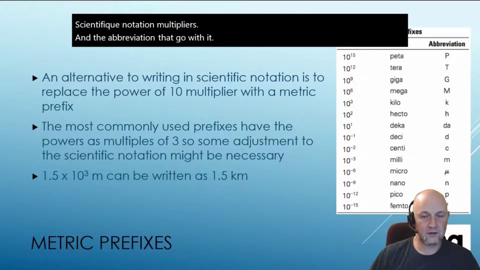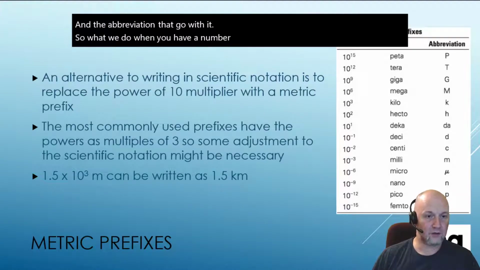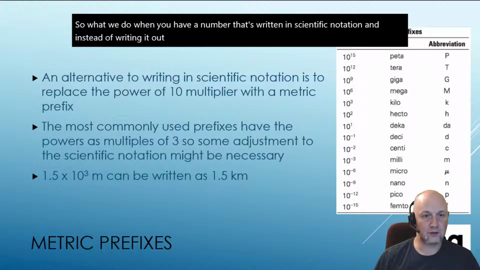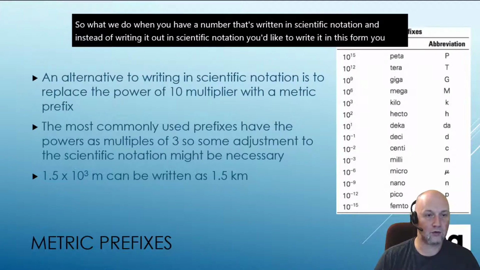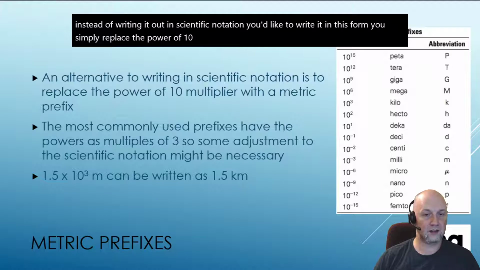So what we do when you have a number that's written in scientific notation, and instead of writing it out in scientific notation, you'd like to write it in this form, you simply replace the power of 10 multiplier with its corresponding prefix and attach that then to the base unit.